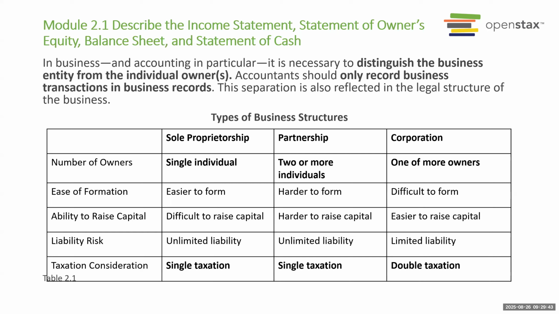In other words, if you can't tell the difference between the owners and the corporation, and the corporation isn't acting in its own best interest, that's the only way you can breach that limited liability. And then there's double taxation. Double taxation means not only is a corporation taxed, but the owners are taxed when they receive money as well.